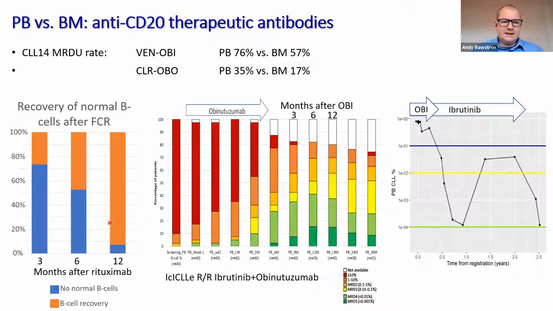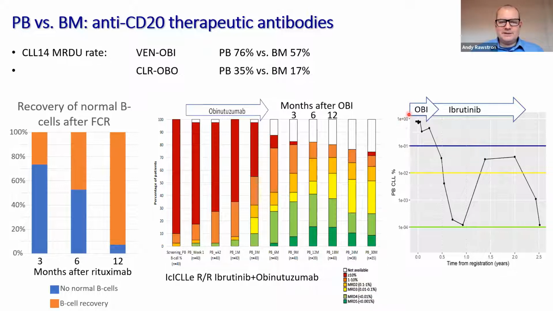It typically takes about 6 months on average and up to 12 months to clear an antibody before you start to see representative levels in the peripheral blood and bone marrow. This is the kinetics that we see from ibrutinib plus obinutuzumab. The obinutuzumab stops here, but the peak peripheral blood response is then 6 to 12 months later. And thereafter you start to see representative results in peripheral blood and bone marrow.